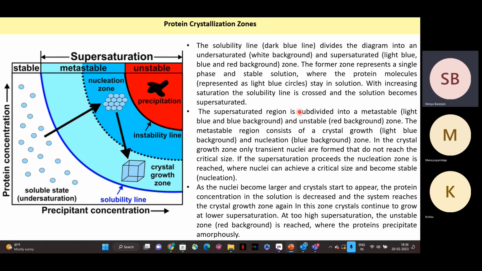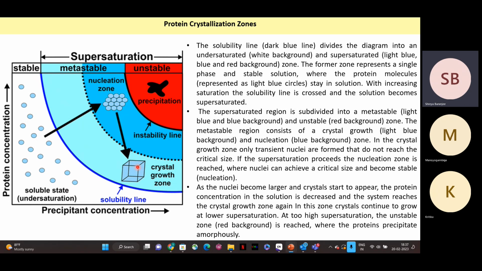The supersaturated region is subdivided into a metastable state, which is shown by these two blue colors, and an unstable state shown by this red color. In this metastable region, there is a region of crystal growth, which is this light blue region. And there is a nucleation zone shown by this dark blue region.